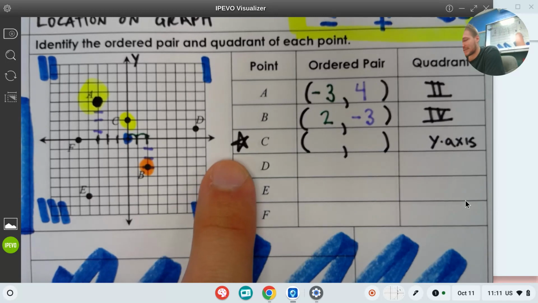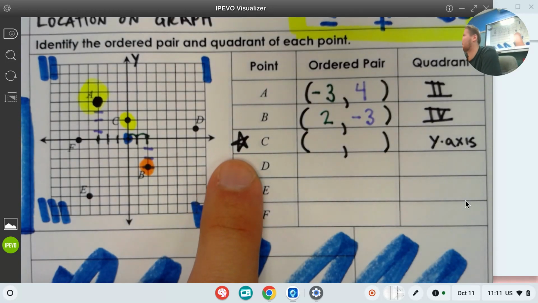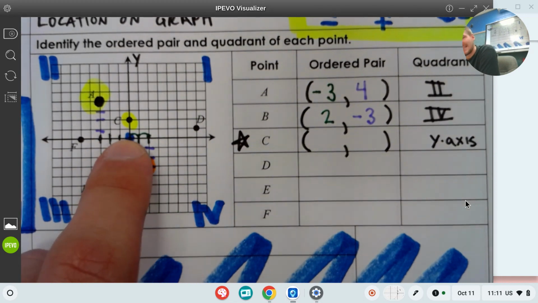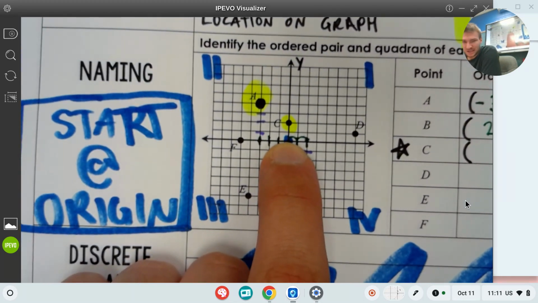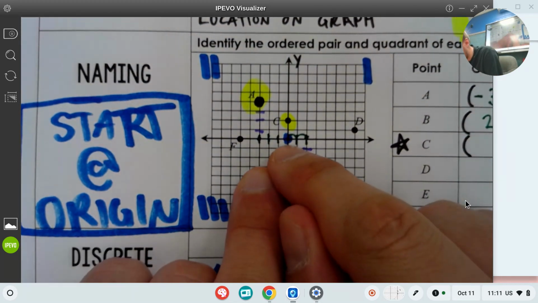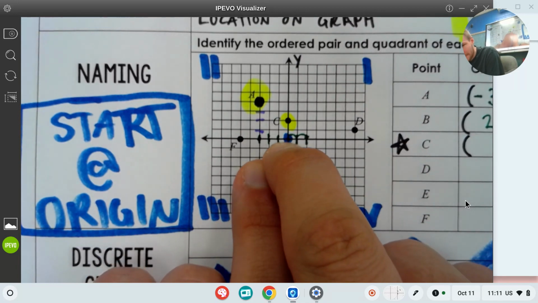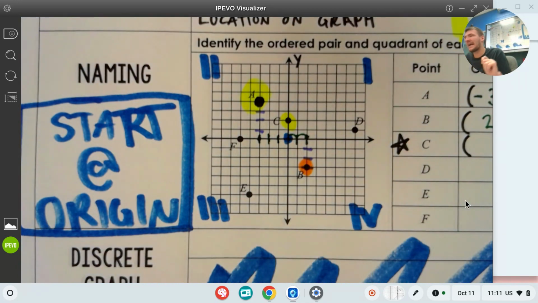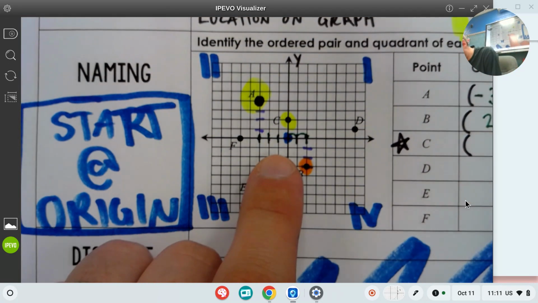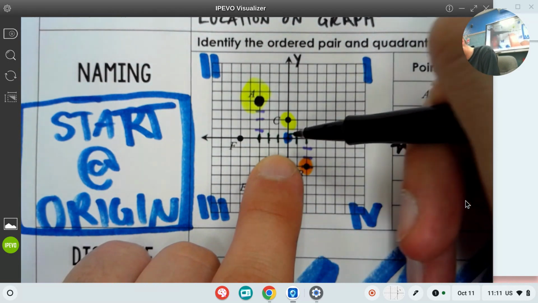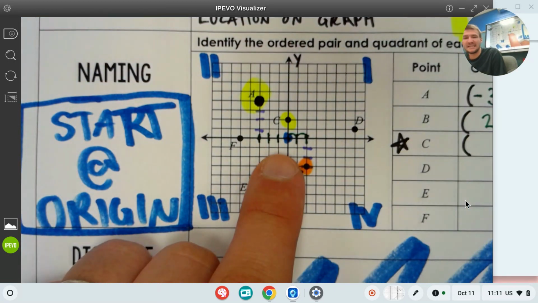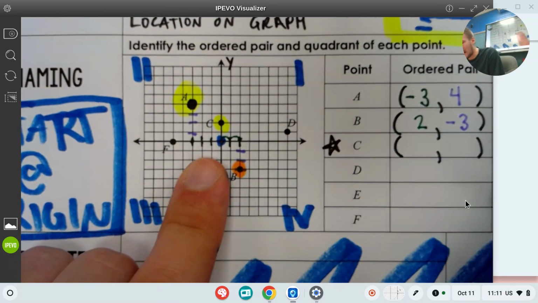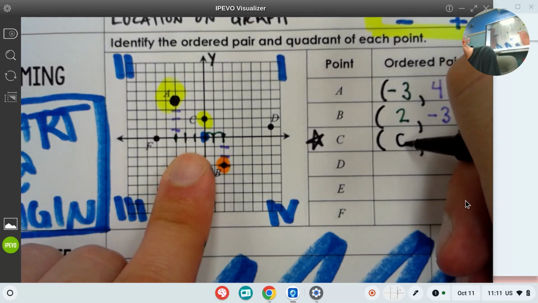C, I put this star on it. This was a very missed question earlier today. If I start at the origin and my little person is right here, how much do they have to walk left or right? If I'm starting right here and I'm trying to ride the elevator up to C, I do not have to walk left or right any.